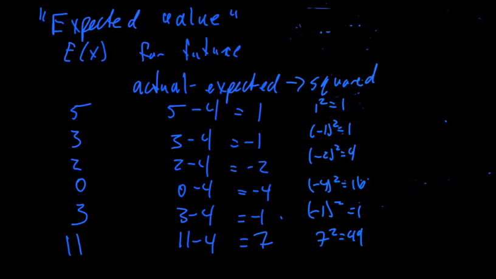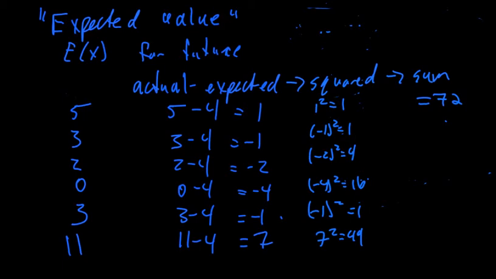They're definitely not going to add up to 0. Well, we want to know about the group here, so let's go ahead and add all these up, and then we'll sum. I don't have the room to write it vertically, but we've got 4 and 16 make 20, 1 and 49 make 50, so that's 72. So now we've got this total square of this actual minus expected.